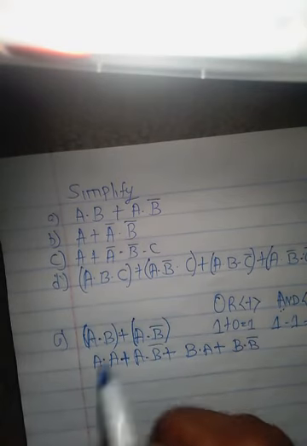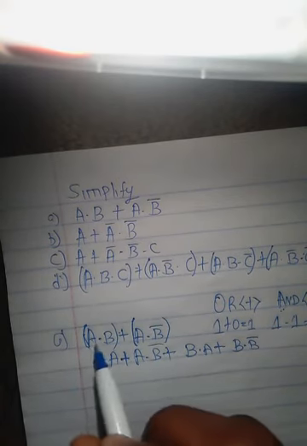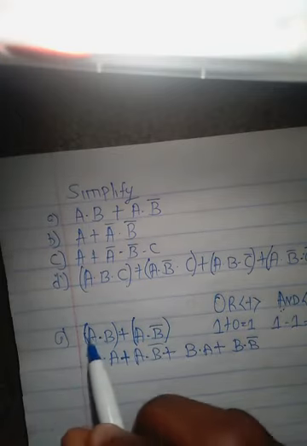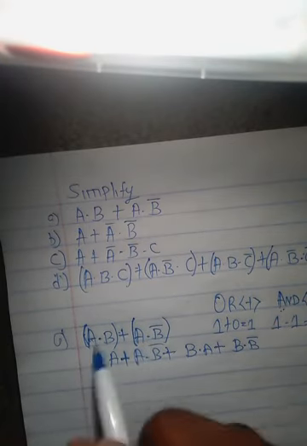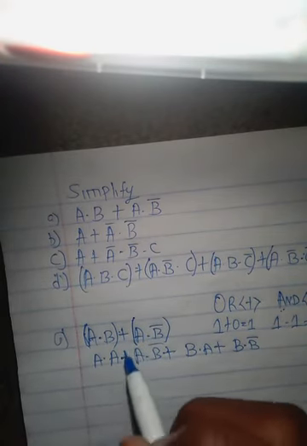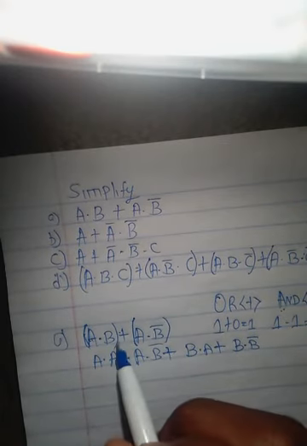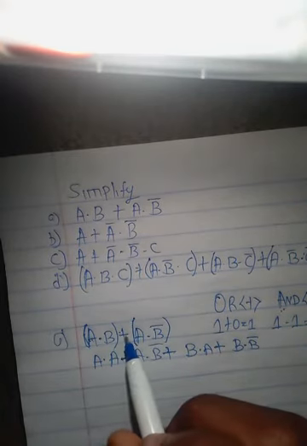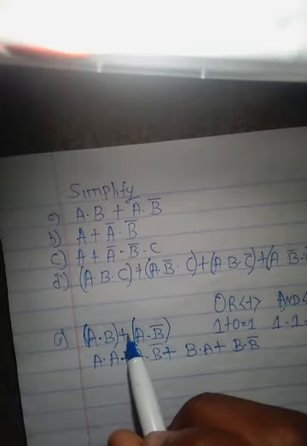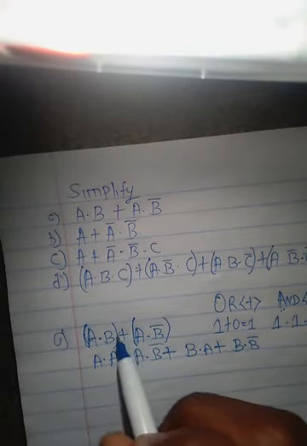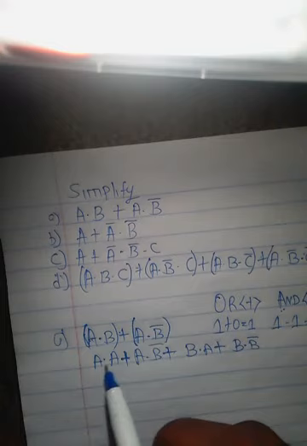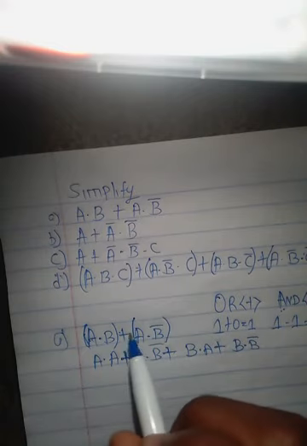All I've done is multiply these values, opening up the brackets basically. You have to note the signs here. However, you shouldn't expect to get negative signs in Boolean algebra. They're just plus or times. So if you're opening brackets like this, no worries.